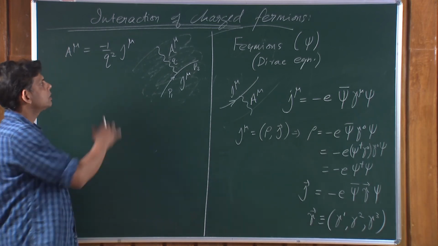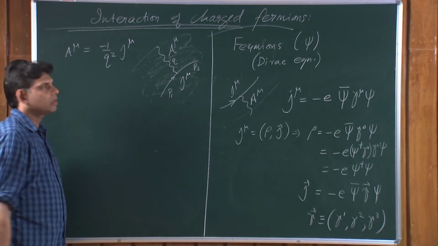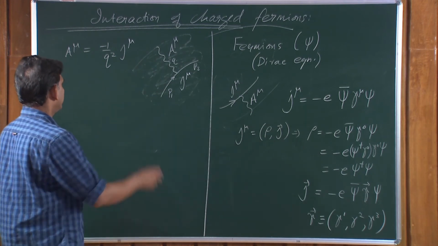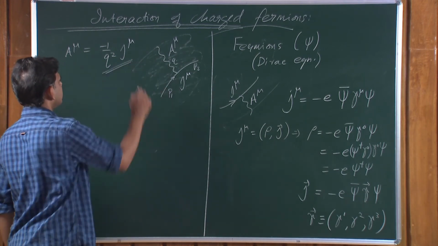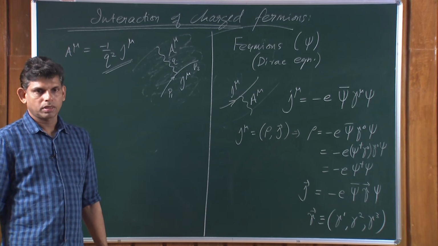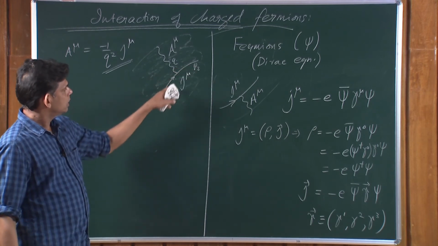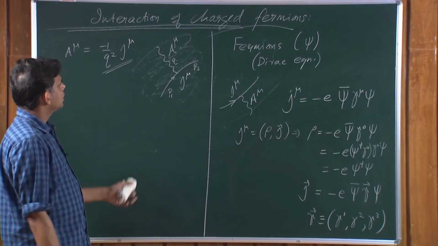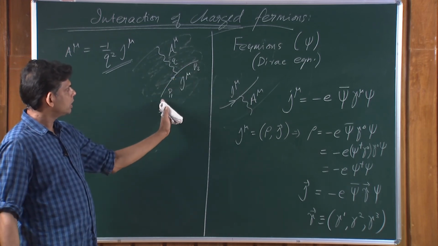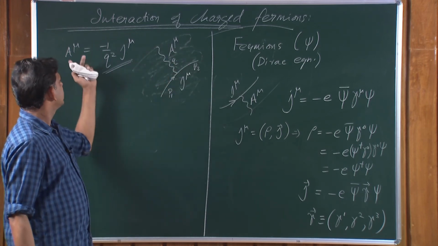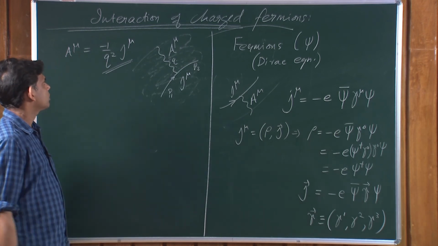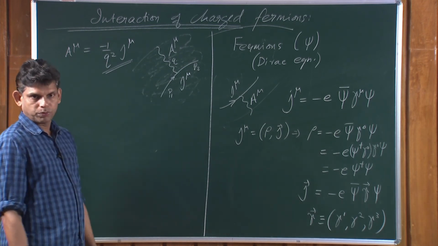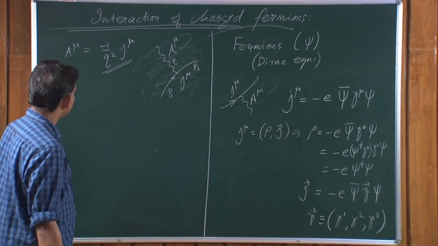But a particular photon is represented in that way. Whenever such a momentum transfer or such a current happens, you can think about a photon which is represented by minus 1 over q square and J.